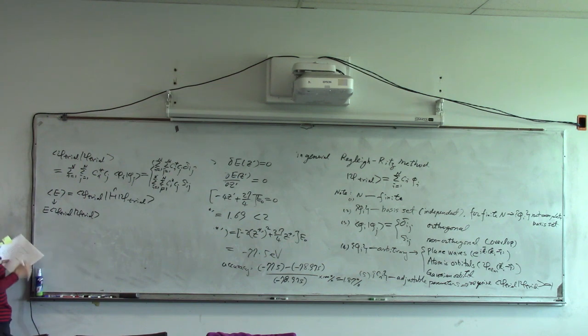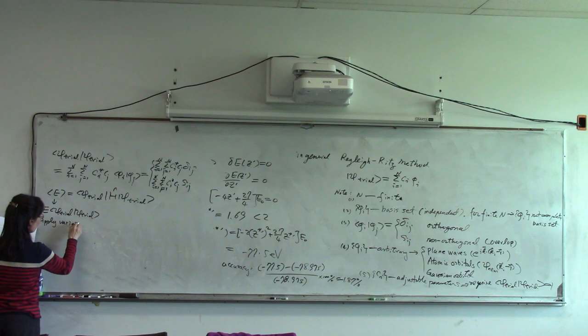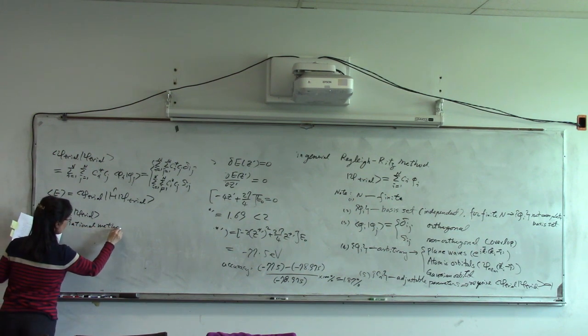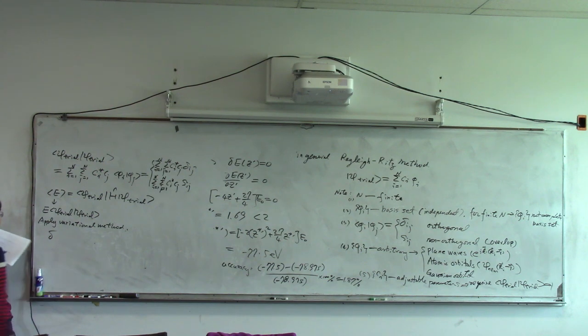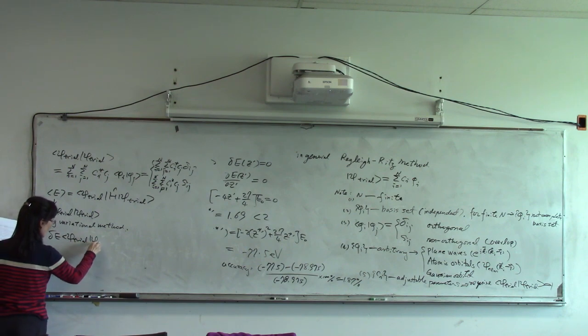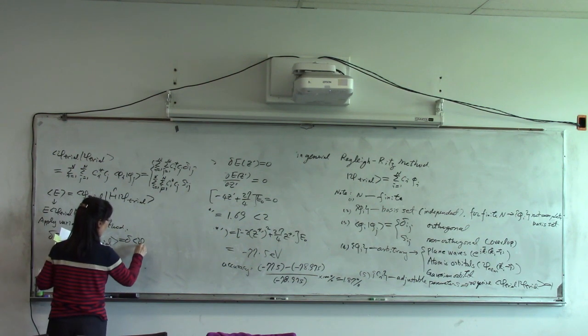So now we are going to apply the variation method principle. We are going to vary the left-hand side, E trial, equal to the variation of the right-hand side.